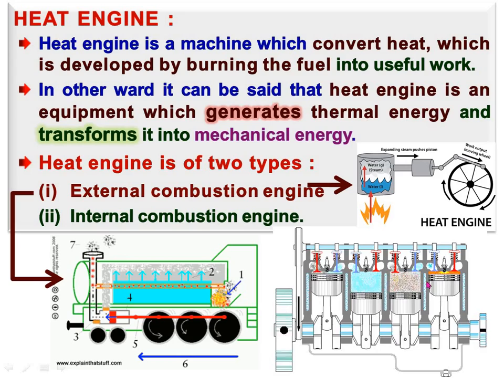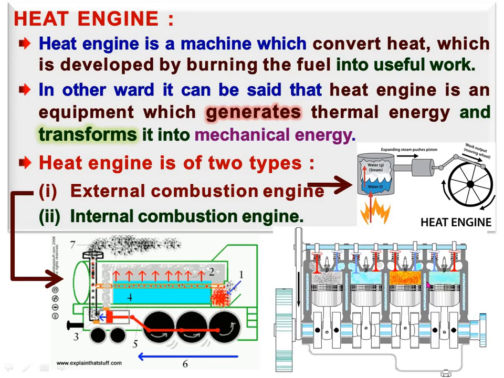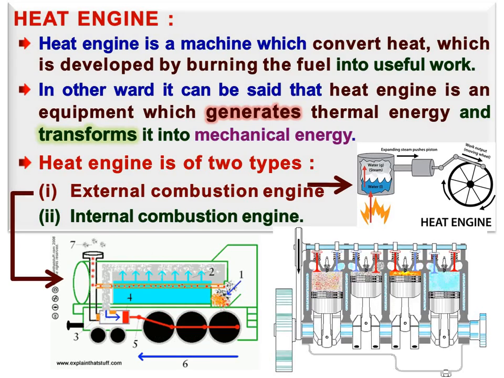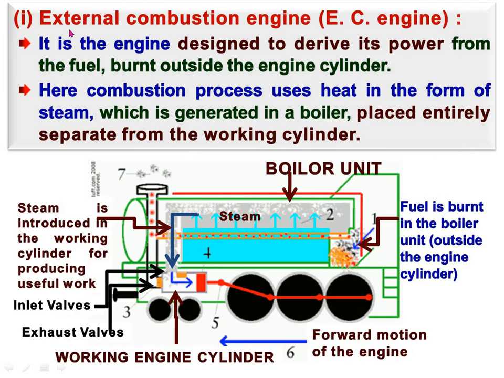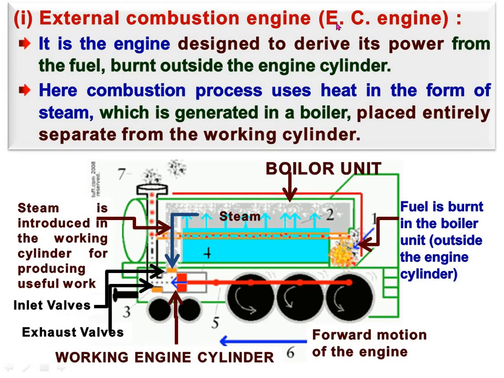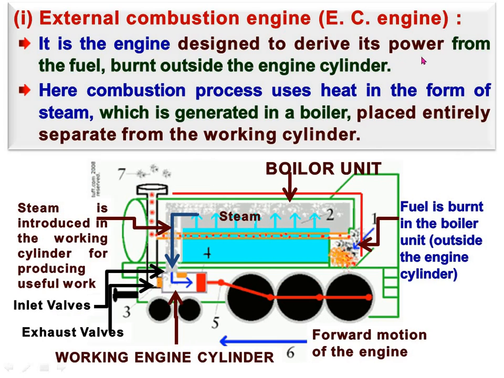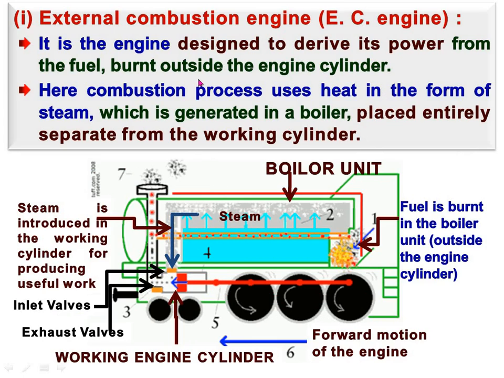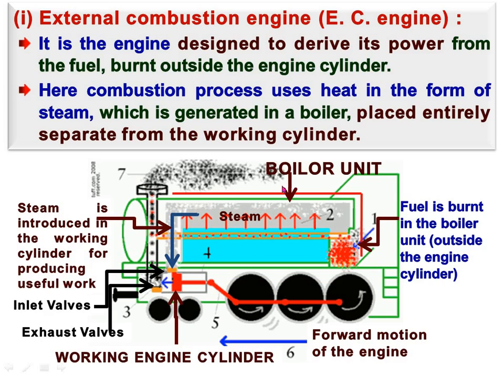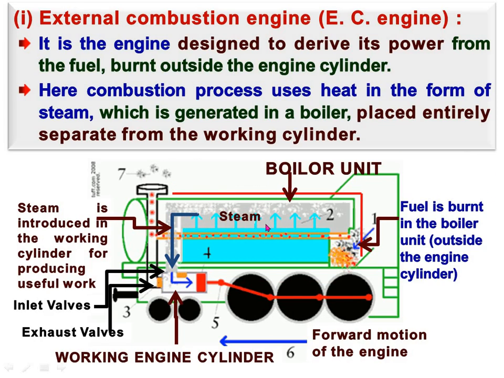We will study the internal and external combustion engines in detail later on. See here, the external combustion engine is the engine designed to derive its power from fuel burnt outside the engine cylinder. This is the steam engine.